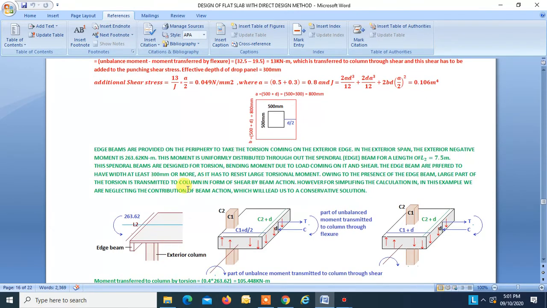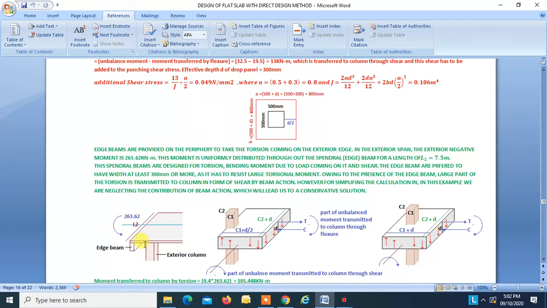Okay. Now, for the exterior span, edge beams are provided on the periphery to take the torsion coming on the exterior edge. In the exterior span, the exterior negative moment is 263.62. Okay. This moment is uniformly distributed throughout the spandrel or edge beam for a length of L2, which is 7.5 meters.